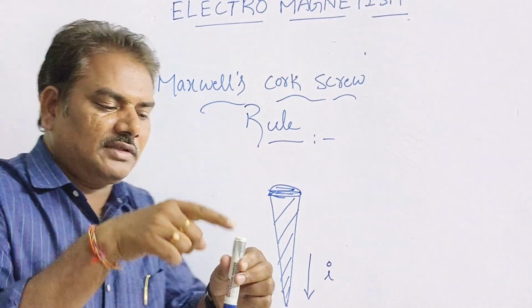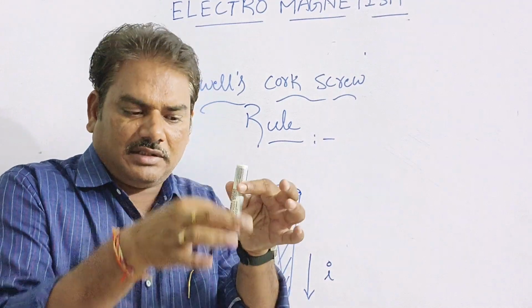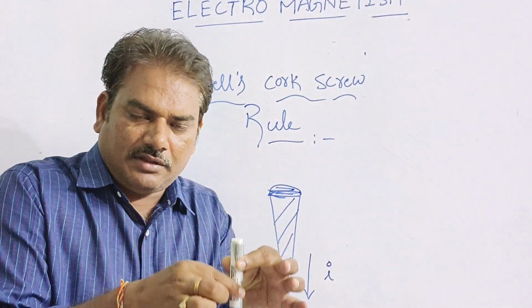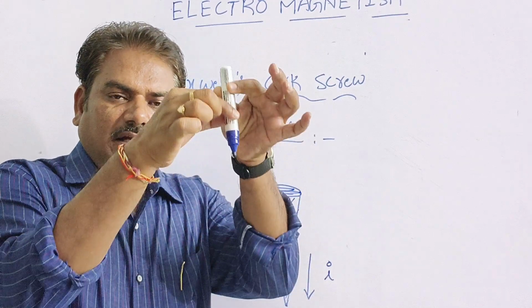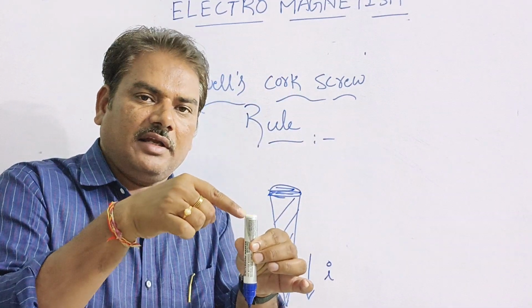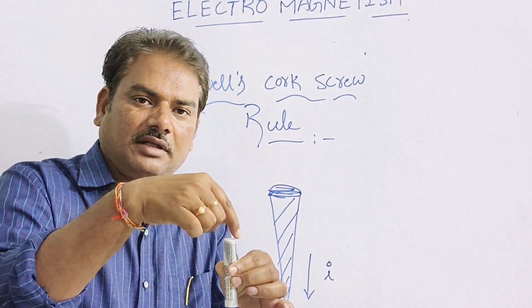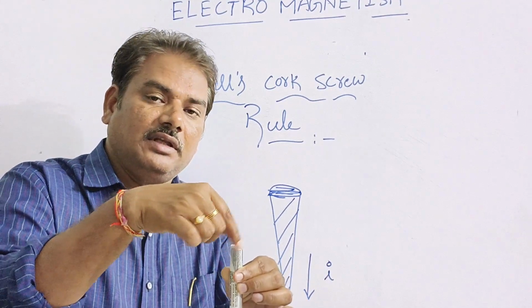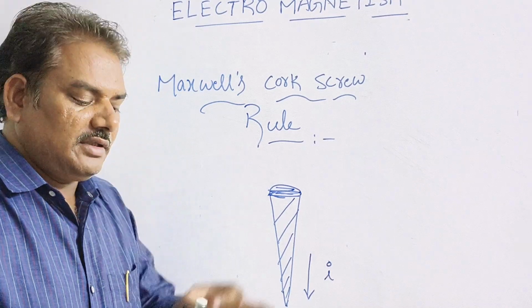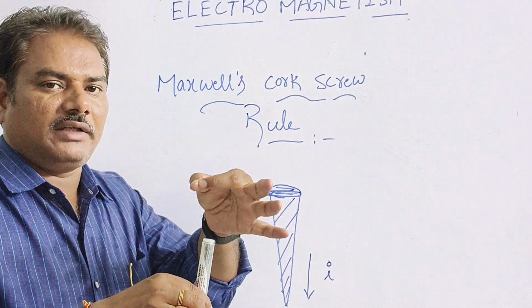Whether the current is moving downward or upward, the head of the screw represents the direction of the magnetic field. Simply, this is the direction of the magnetic field.